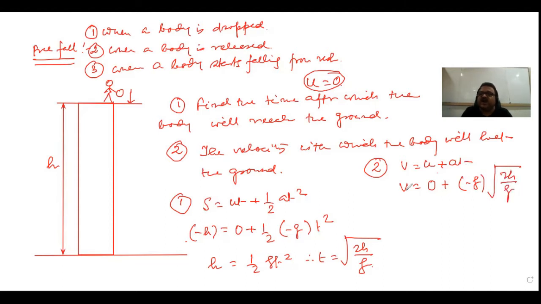Now, the very important part: v = minus g times root 2h by g. Take this g inside, so we get 2h g square by g, that means v = minus root of 2gh.